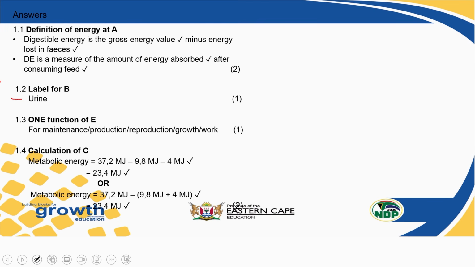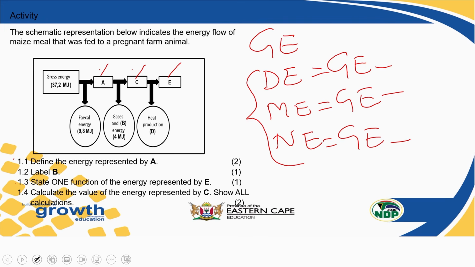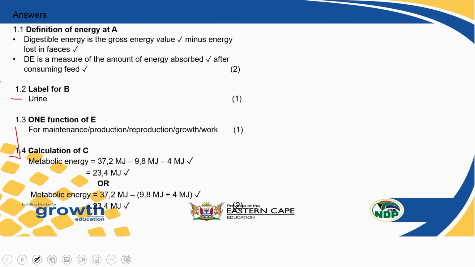Then that is 3. Then for calculation of C, we were calculating the metabolic energy, that is the formula. It is about the gross energy. I said we start from gross energy and we are required to calculate the metabolic energy. So it's metabolic energy equals gross energy minus, in brackets. So either way, you can calculate this way, you can calculate this way.